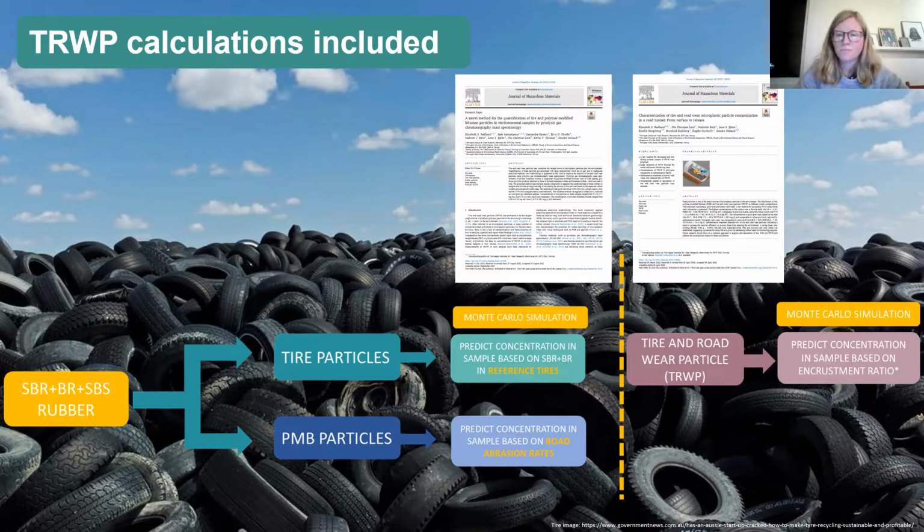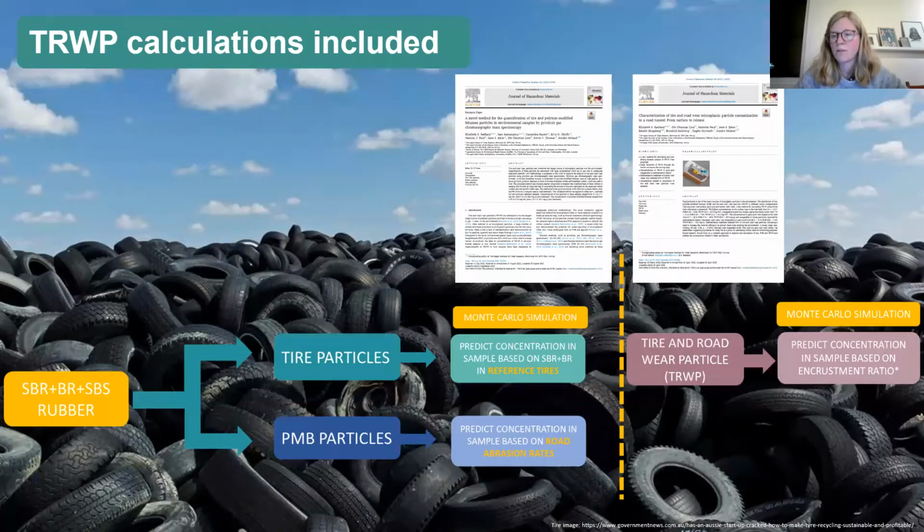And this, I would say, is under development, because there's not a lot of studies so far that are reporting these ratios between road wear particles and tire wear particles in the mixture. So far there's not that much data that we can build our simulations on.